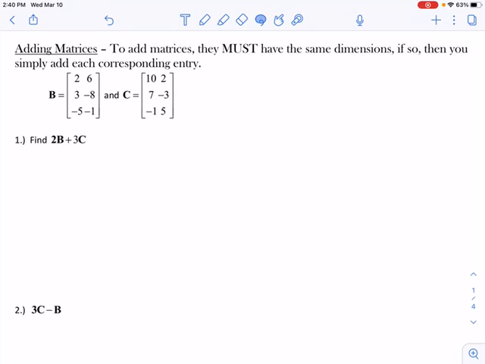Looking at my matrix B and C, they are both 3 by 2 matrices, which means I can go ahead and add them together. But first, it says I want to multiply my matrix B by 2 and my matrix C by 3.